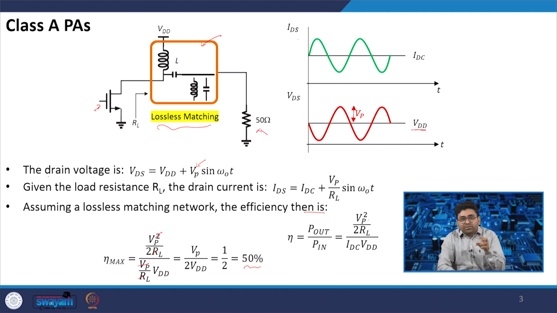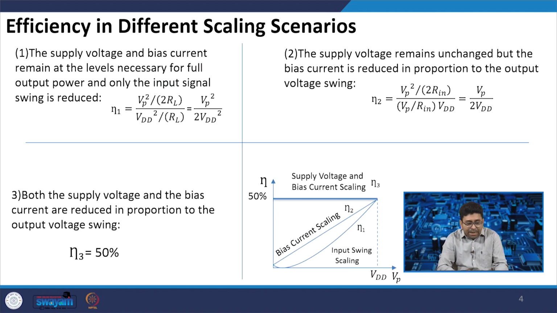So, based on this Vp, we can have 3 kinds of efficiency for class A amplifier. That is divided in 3 parts, efficiency in different scaling scenarios.